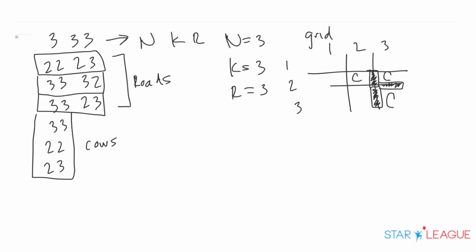So how do we determine if a cow is distant? Visually, we can look and see that there is one cow at the corner at the location 3, 3 that is separated from the other two cows by roads. This means that the cow is distant from the other two cows.